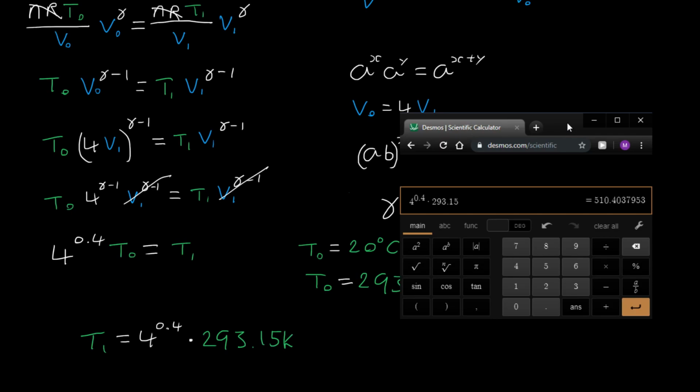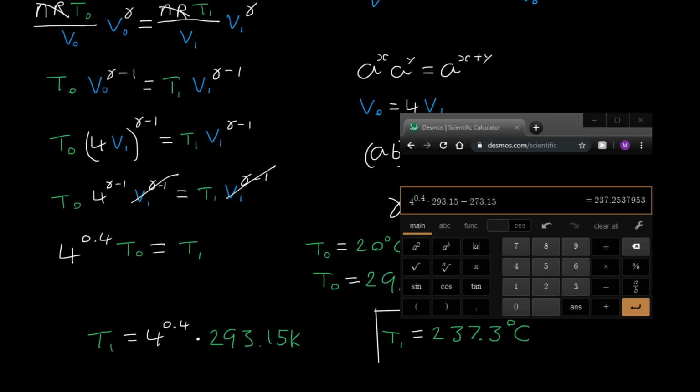But if we want to convert that back into something we can actually understand a bit easier, we can convert it back into Celsius by subtracting 273.15. So then we get our final answer for the temperature is 237.3 degrees Celsius. And there we go.